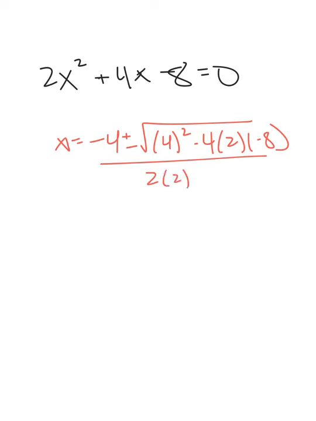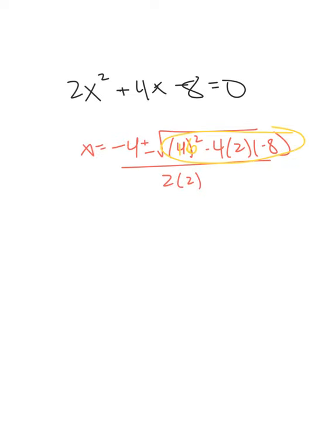Start with the numbers inside the square root. 4 squared is 16. 4 times 2 is 8. Times 8 is 64. And the negative makes it positive 64. So now we're at x equals -4 plus or minus, and inside of our square root, we end up with 80 all over 4.